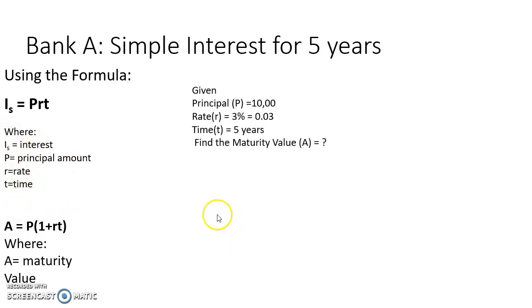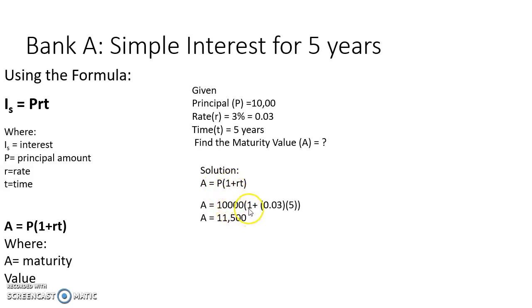Okay. Example, let's go back to the example. We are given the principal, then that should be 10,000, sorry. Rate 3%, so 0.03. Time is 5 years. Find the maturity value. So our solution, we use the formula A equals P times the quantity 1 plus R times T. So we plug in the value P, 10,000.